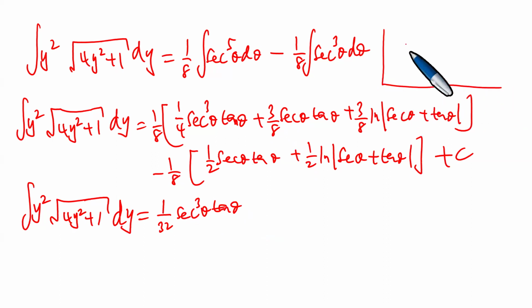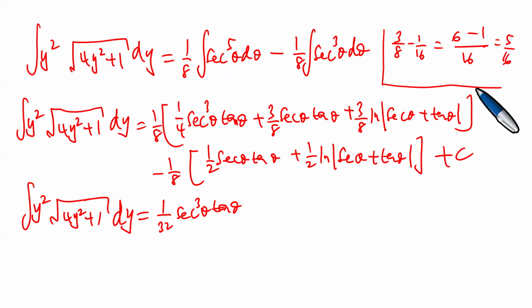If you're dealing with 3/8 and you have minus 1/16, take 16 as the LCD. You divide 16 by 8, getting 2, times 3 is 6, minus 1, which is 5/16.